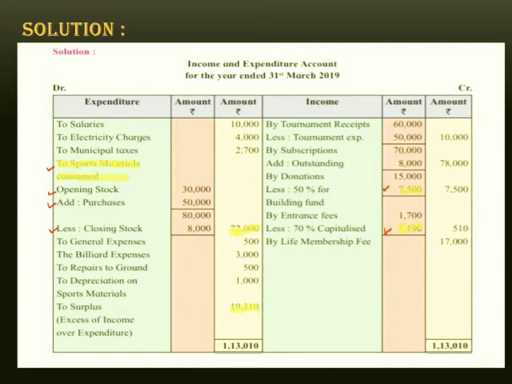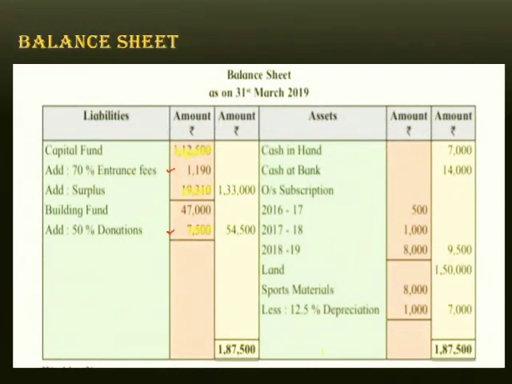See here, balance sheet asset side, outstanding subscription 2016-17 500, 17-18 1,000. And this 2018-19 8,000 is nothing but the current year outstanding, that we will take later on.